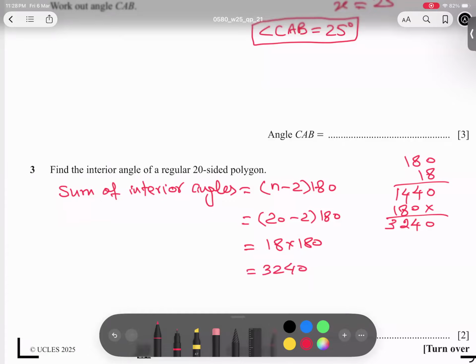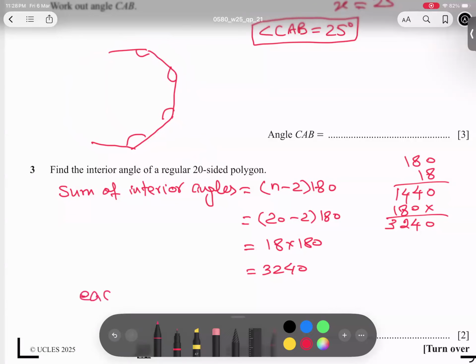This is the sum of all the interior angles. Just for the sake of understanding, 1, 2, 3, 4: these are called interior angles. How many interior angles are here? 20 interior angles, all equal because he said regular. So we want to find not all, we need to find one. So this answer divided by 20, we get each.